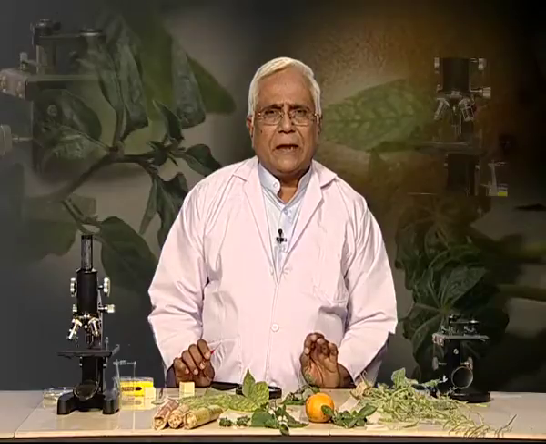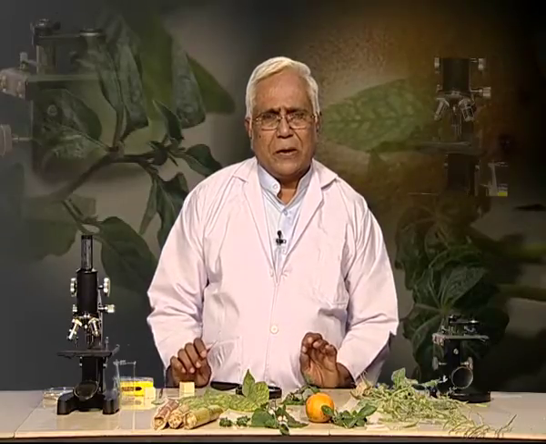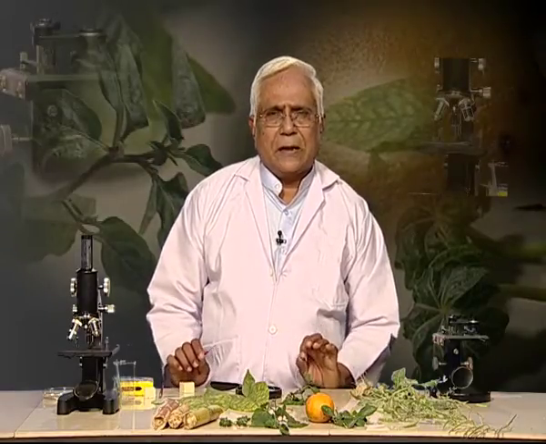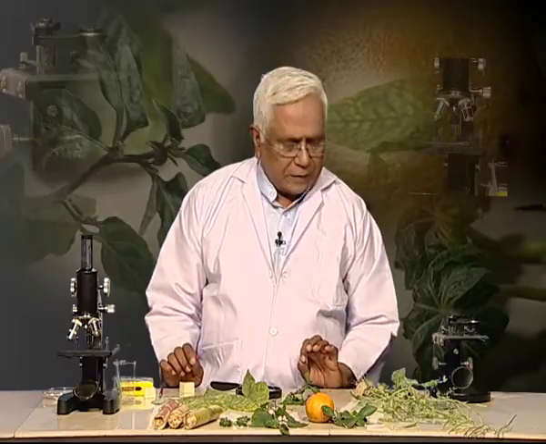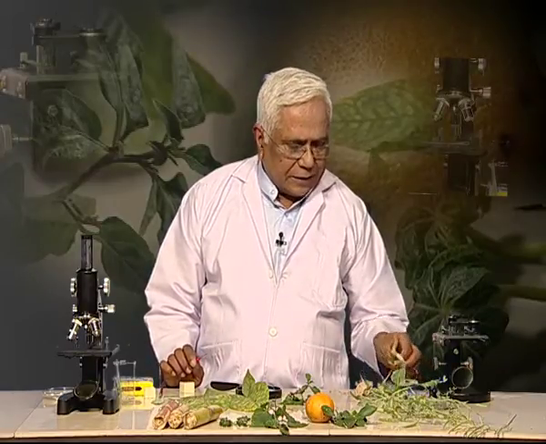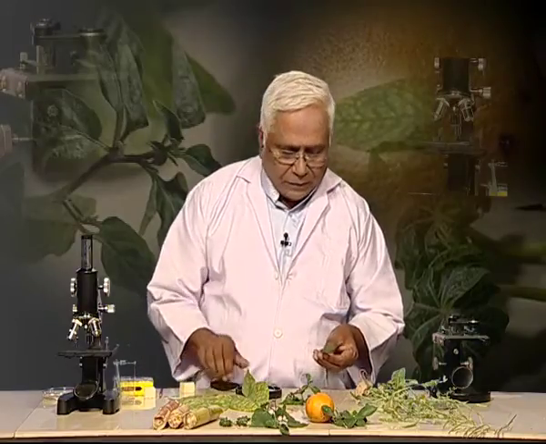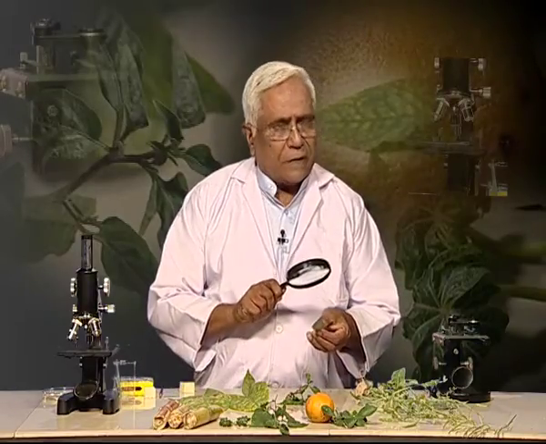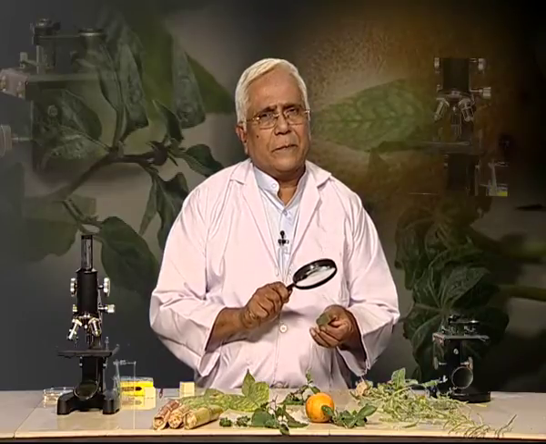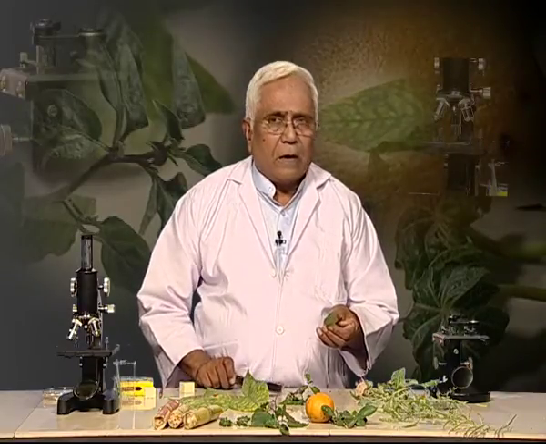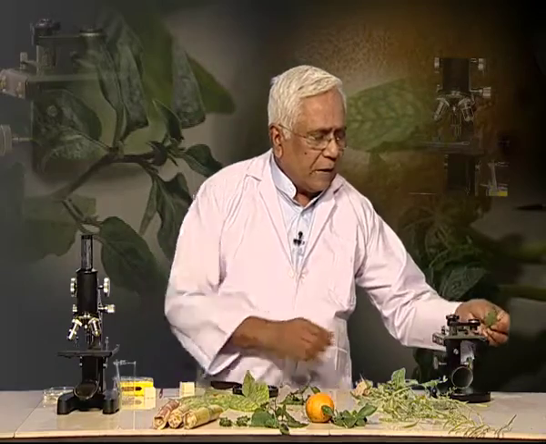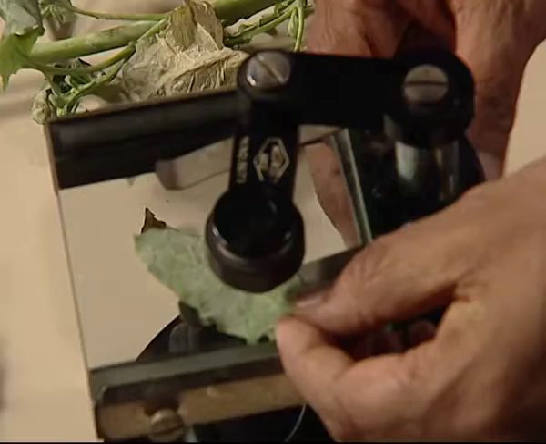For studying the pathogen which is causing the disease, the characters of the pathogen, you select a spot where you can clearly see the pathogen first with the help of a hand lens or with the help of a dissection microscope.